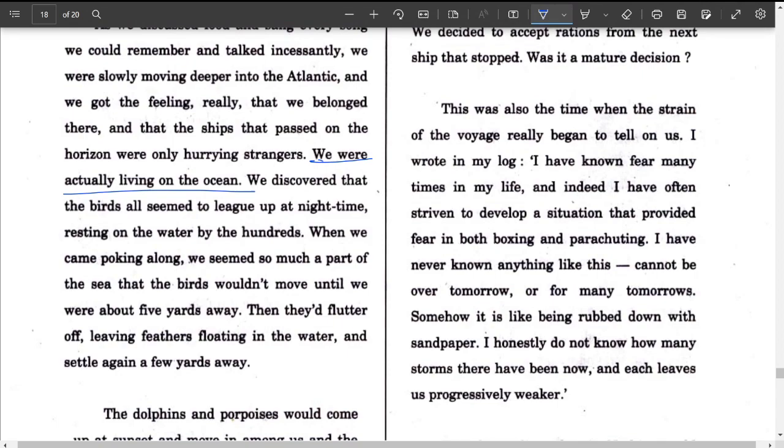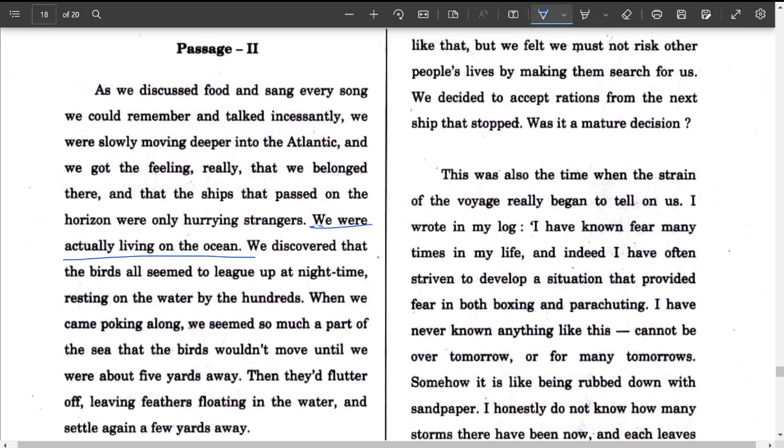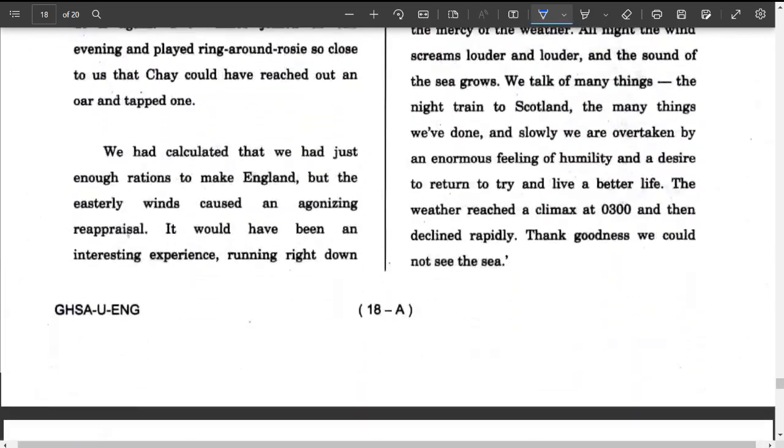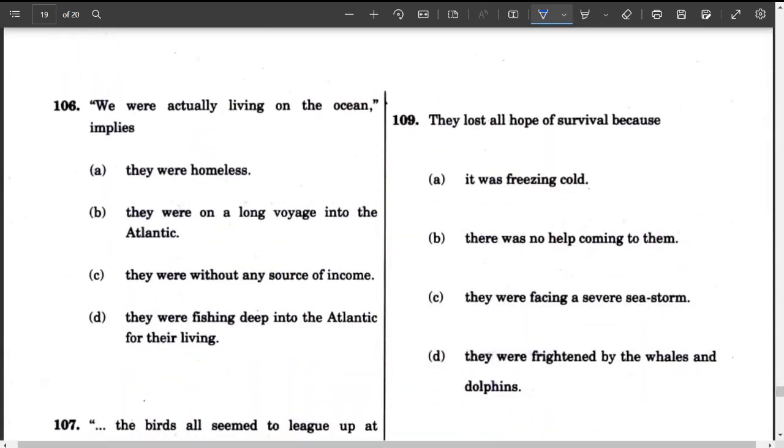Why? Because these are the people who are going to some place. They are going slowly, moving deeper into the Atlantic, and we got the feeling that we belong there. So they are going in the ship that passed the horizon, and we are actually living on the ocean. So what does it mean here? Living on the ocean in the sense they are homeless? No, that cannot be used. They were on a long voyage into the Atlantic? Yes, B can be used.